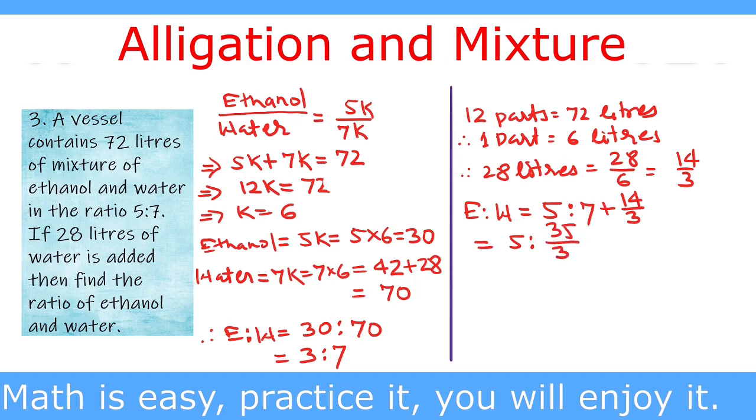We multiply both sides by 3. This gives 15:35. 15:35 is 3:7. On dividing both sides by 5, 15 divided by 5 gives us 3, and 35 divided by 5 gives us 7. So ethanol to water is 3:7. This way we can solve this question by the shortcut method.